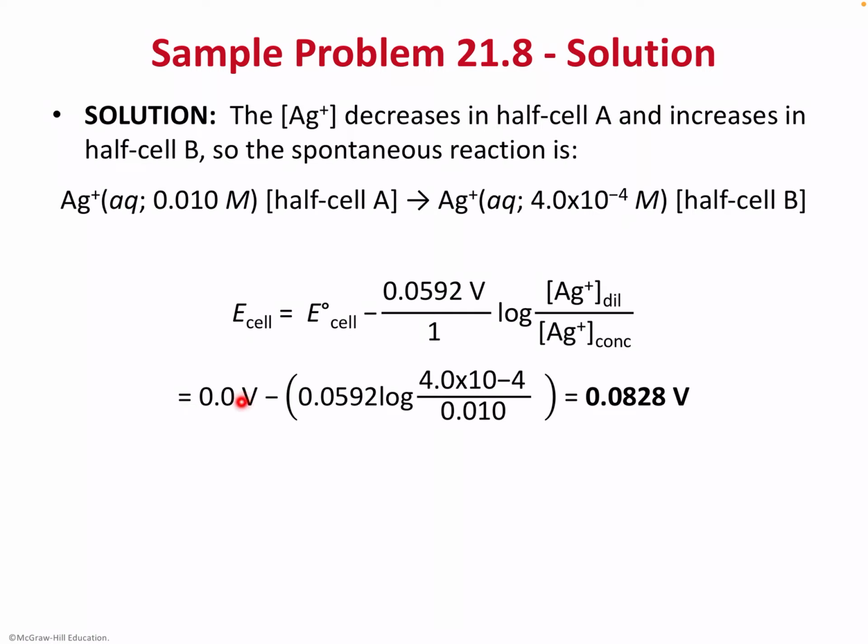E naught cell would be 0. Why? Because both of these are silver, right? So if you have the silver value, you subtract the same number, that would become 0. And then this value over here, log of the diluted solution, 4 into 10 to the negative 4, over the concentrated, 0.01. You find the log value of this one, and when you calculate, we can find out the E cell, 0.0828. Spontaneous reaction.